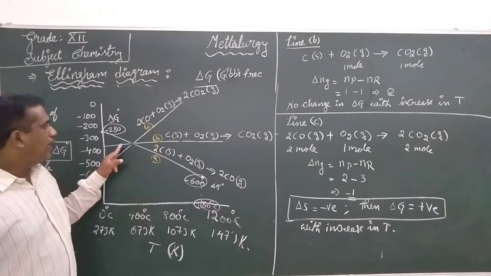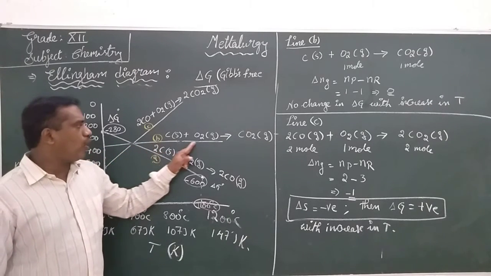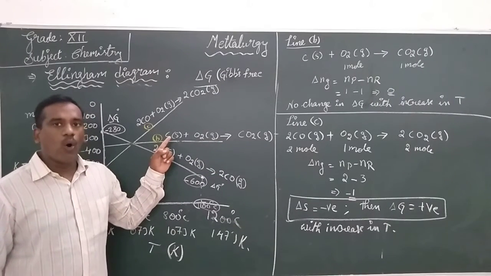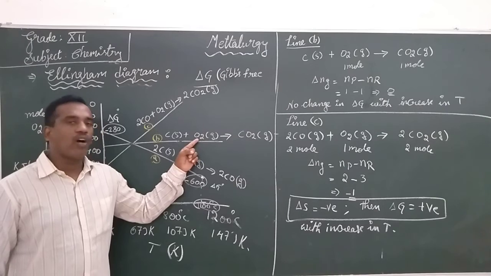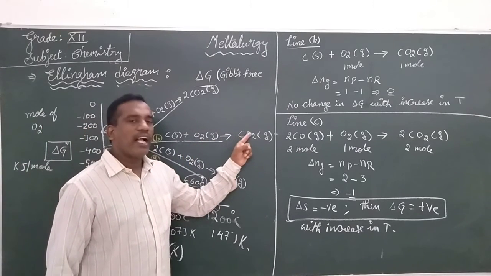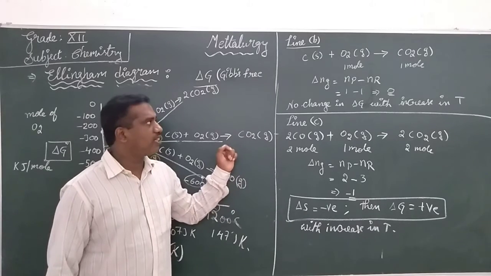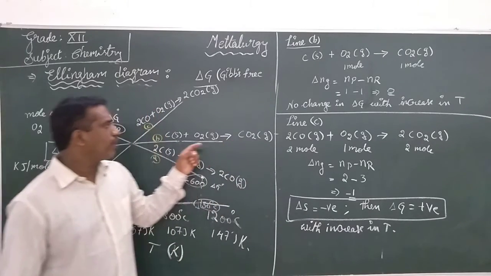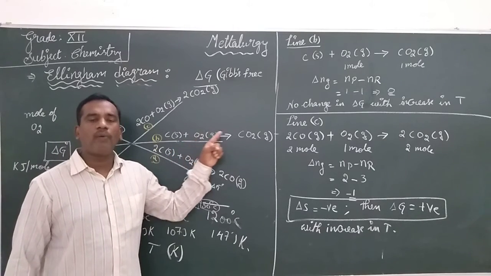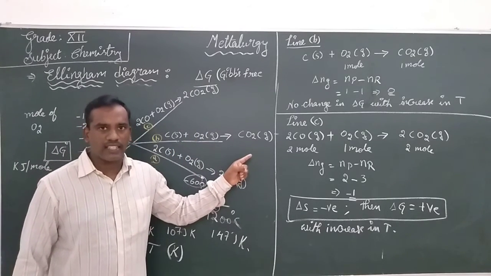It was going on indicating that carbon coke is reacting with oxygen gas to form carbon dioxide gas. What is the line B expressing? Coke is reacting with oxygen gas to form carbon dioxide gas.